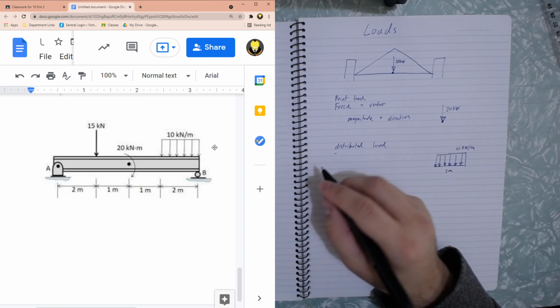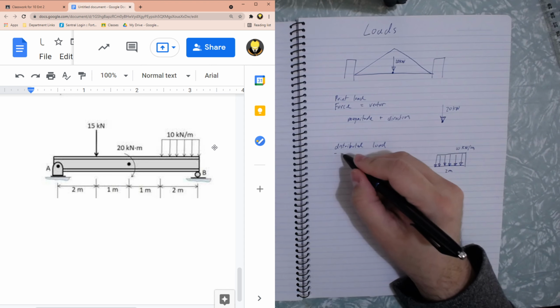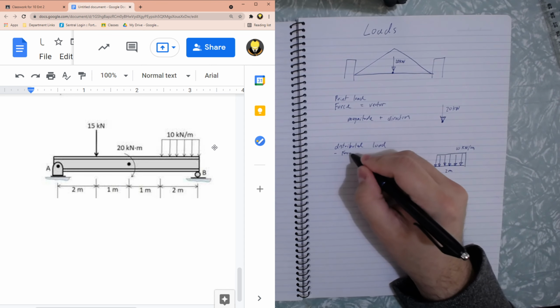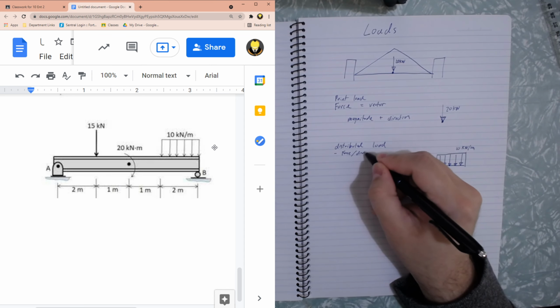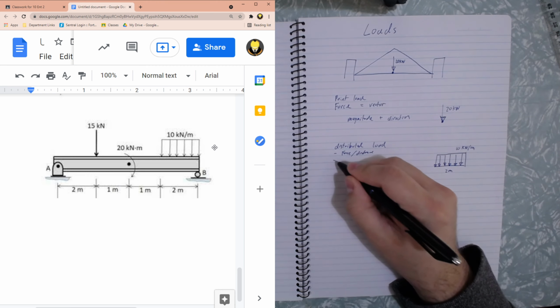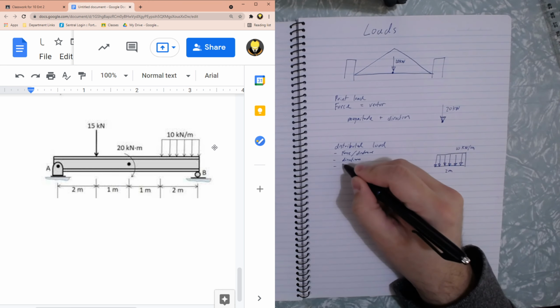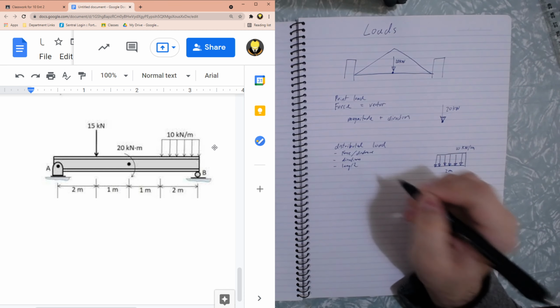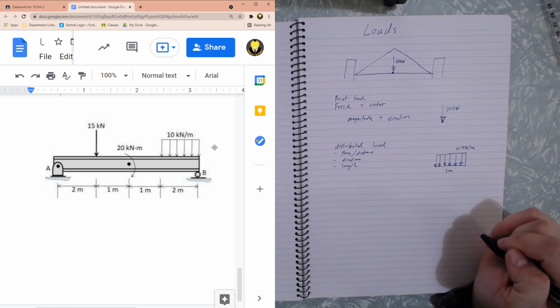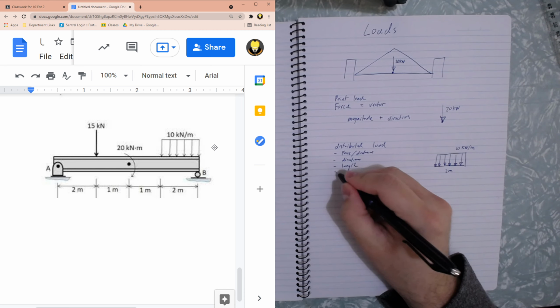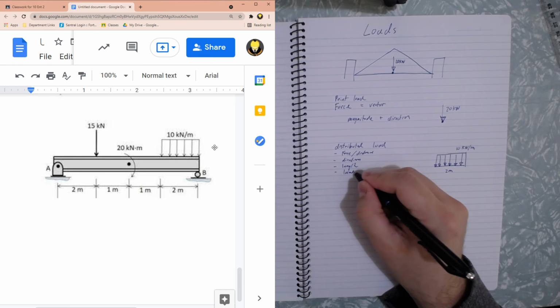It has the force per distance. It has a direction. It has a length, and I think that's it. Oh, and it has a location.